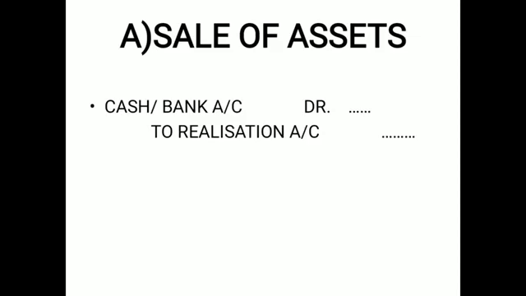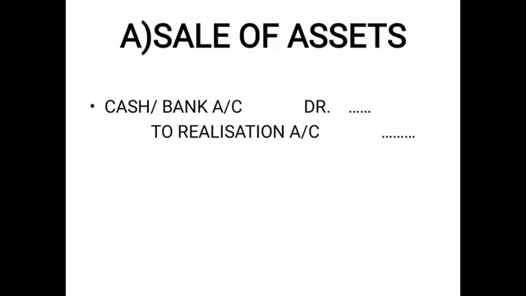So apply that point here. The amount that you have realized from sale of assets is to be transferred to cash and bank account. Yes, so the journal entry for the sale of assets is cash and bank account debit to realization account.